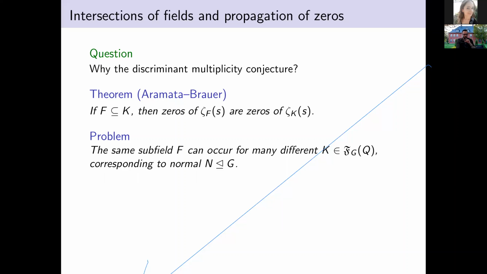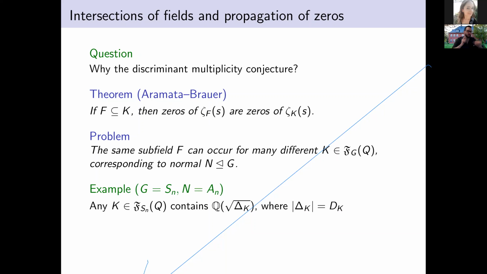And so to account for this, I want to define something. A good example is if you look at G being Sn and your normal subgroup being An, and this is going to be a main thing we're going to be considering in this talk, this kind of family, with G being Sn and N being An.